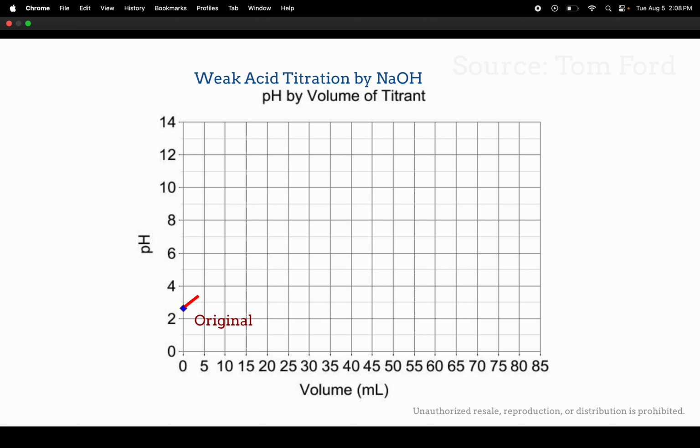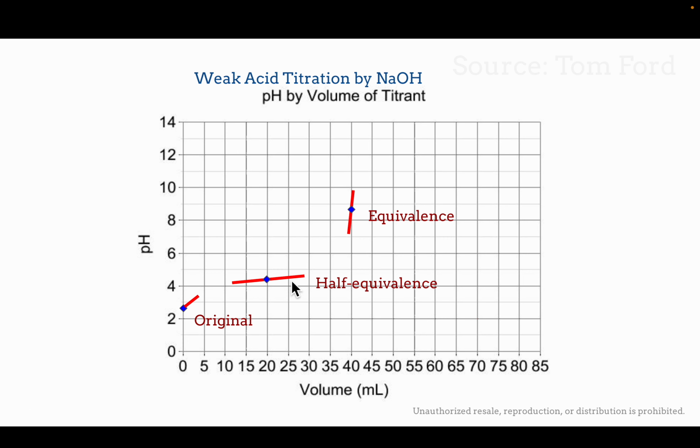At the half equivalence point, the pH equals the pKa, which was found in part B to be 4.49. The pH at full equivalence is given in the original question as 8.80. To build the curve, which again is definitely not a straight line, add the horizontal leveling area around half equivalence point.